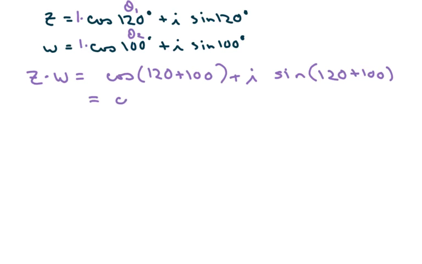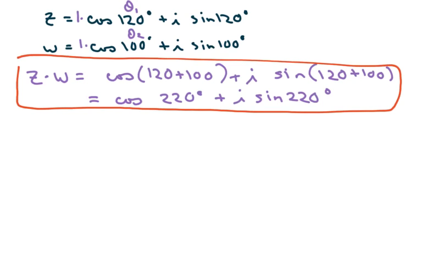So we get cosine of 220 plus I sine of 220 degrees. And that's your answer.